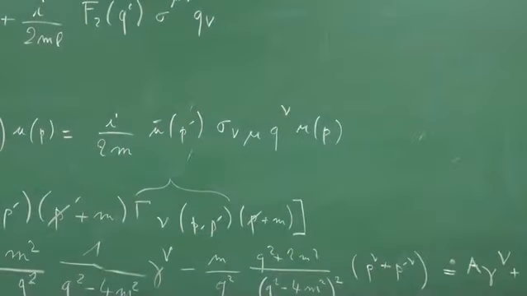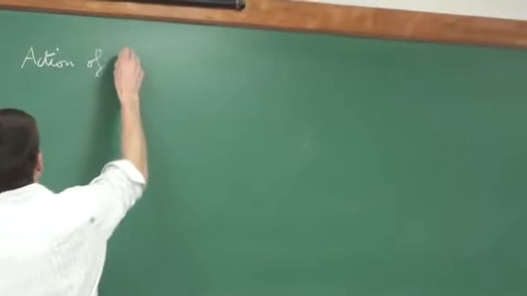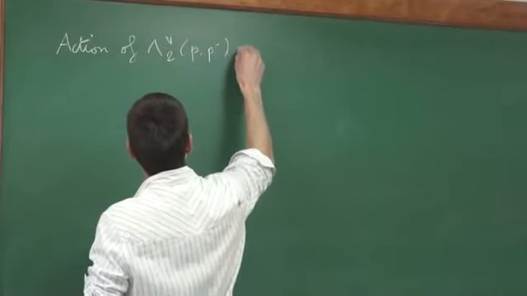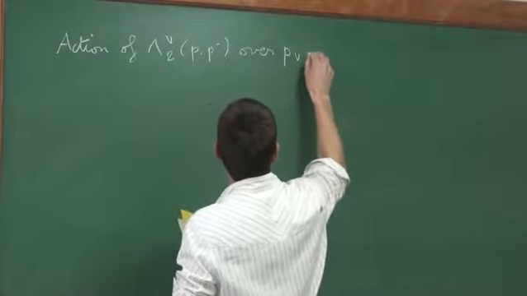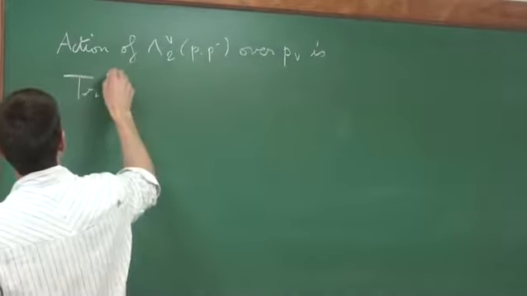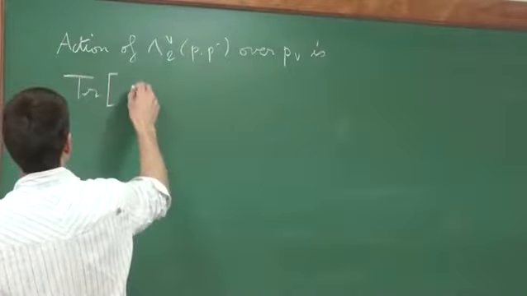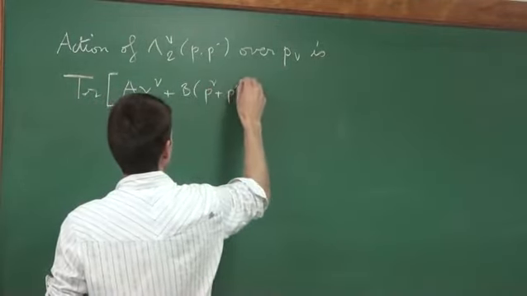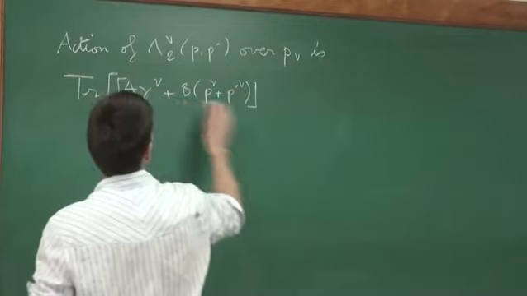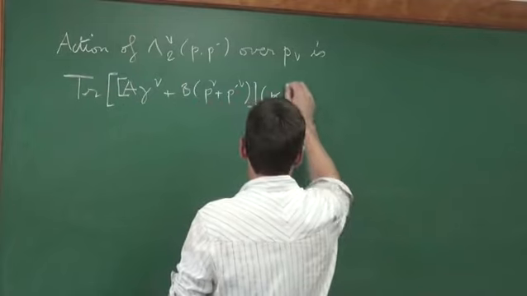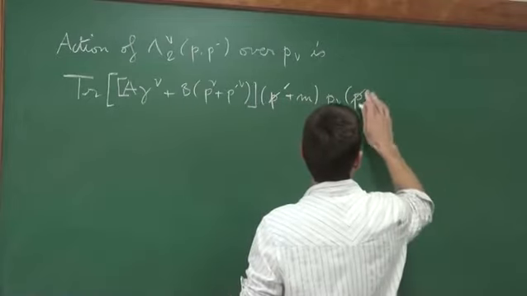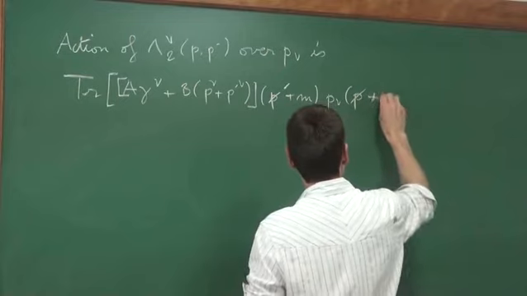Everybody writing everything. I have that the action of lambda over mu is the trace of lambda 2, so A gamma plus slash mu slash prime plus n.